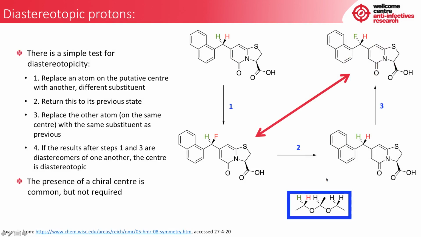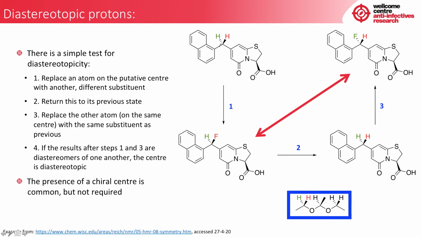Now, you don't have to make three-dimensional models to test this. There's actually a very simple test for diastereotopicity. So take your center, I've identified this one here, and replace one of the atoms on your diastereotopic center that are equivalent to one another with another atom.